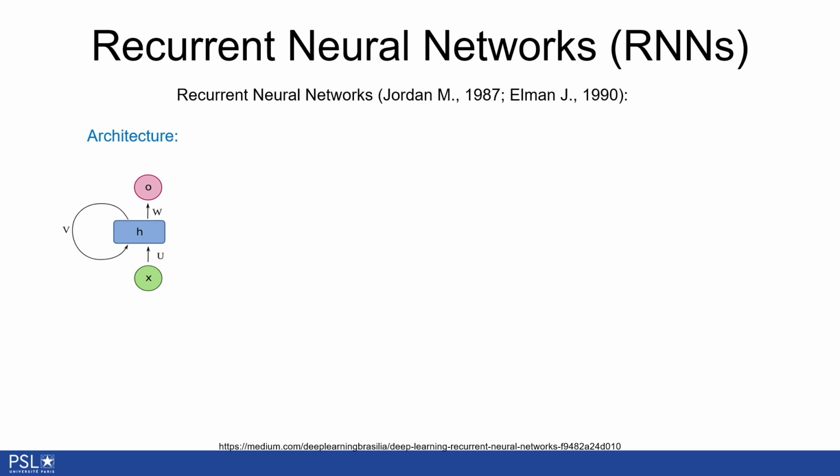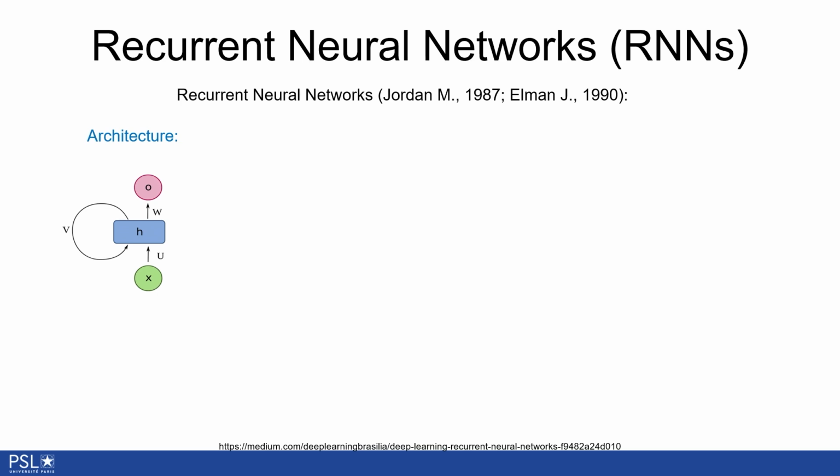The input is fed through a set of weights noted here with capital U. The hidden state, in turn, feeds onto itself through another set of weights, V, and projects its state to the output layer through the weights W. The output o is another vector which will represent a word in the vocabulary, and in the case of language models, at each time step, the output vector should correspond to the next predicted word given the context.